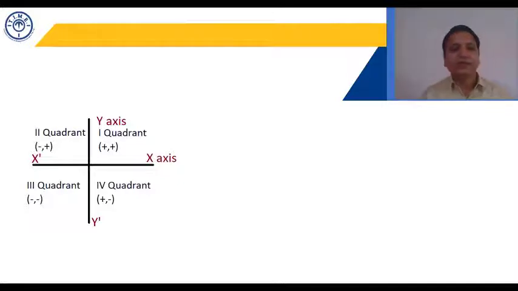So these two axes divide this plane into 4 quadrants: first quadrant, second quadrant, third quadrant and fourth quadrant. So if x coordinate is given as negative and y coordinate is given as positive, we can say that the point lies in second quadrant. If x is positive but y is negative, we can safely say the point lies in the fourth quadrant.